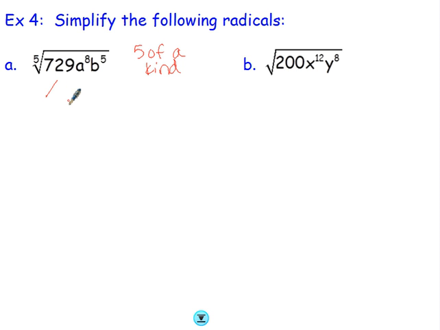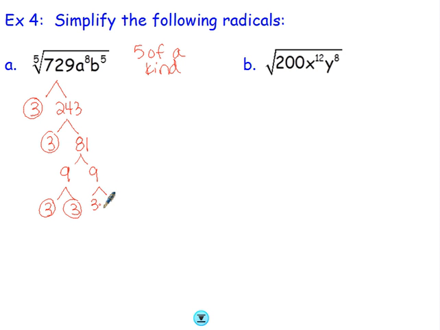Start with 729. 729 is 3 times 243. 3 is prime. 243 is 3 times 81. 3 is prime. 81 is 9 times 9. 9, 3 and 3, both primes. And that 9, 3 and 3, both primes.